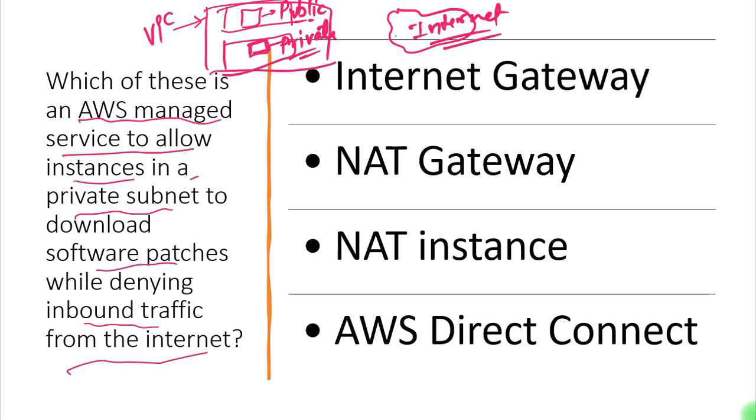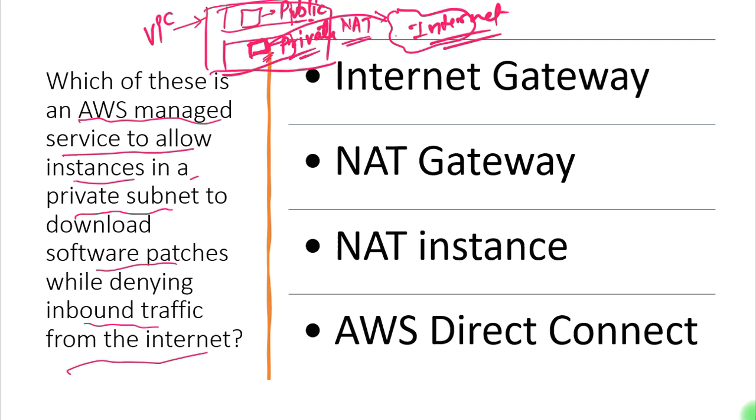Whenever we need to connect an instance which is in a private subnet to the internet, in that case we use a NAT gateway. In this case, the instance can download anything from the internet, but from the internet we can't access this private instance, which has a private IP.